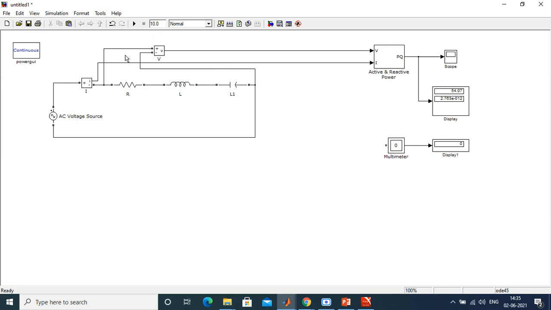Okay, now this time I measure the voltage across all three elements and the current passing through all three elements. Now I need to check those values. You can decrease the simulation time.